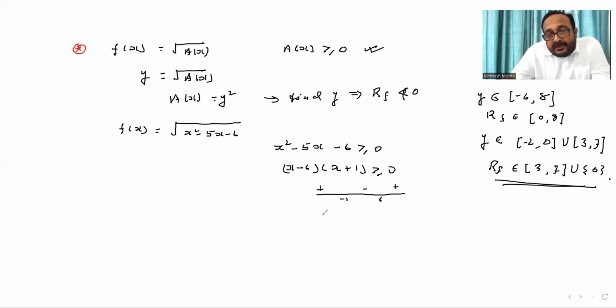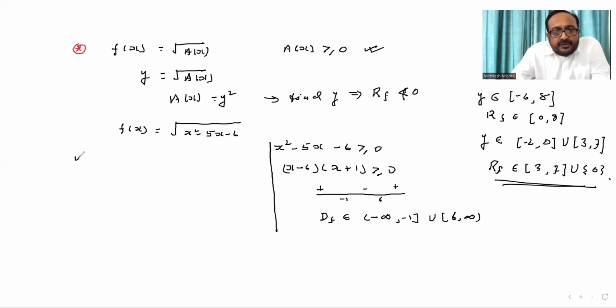So that means the domain will be minus infinity to minus 1 union 6 to infinity. Right? To find the range, suppose f(x) is equal to y.